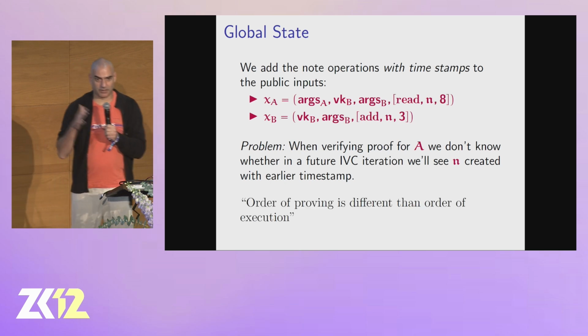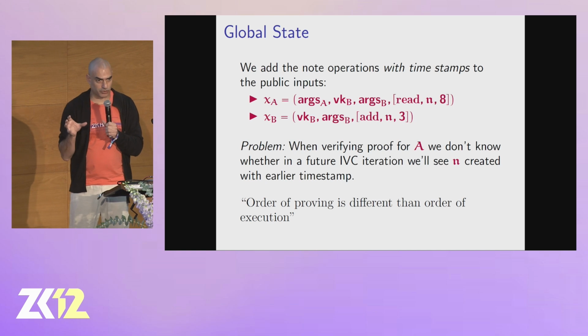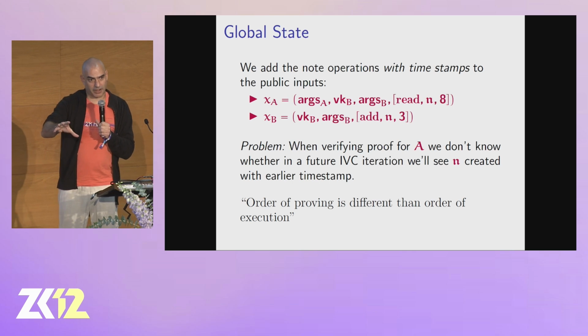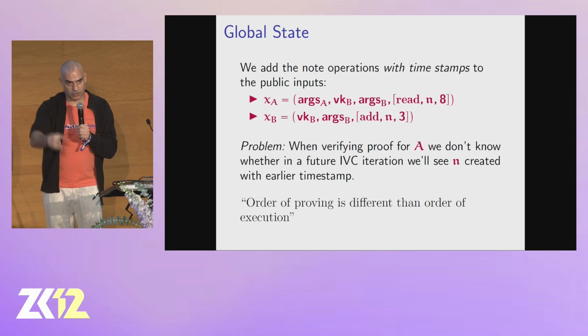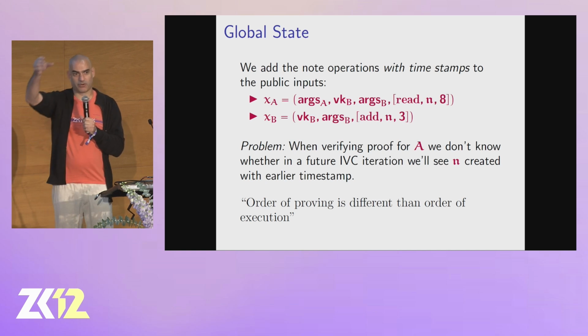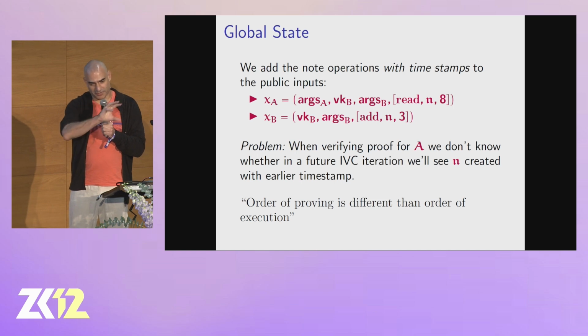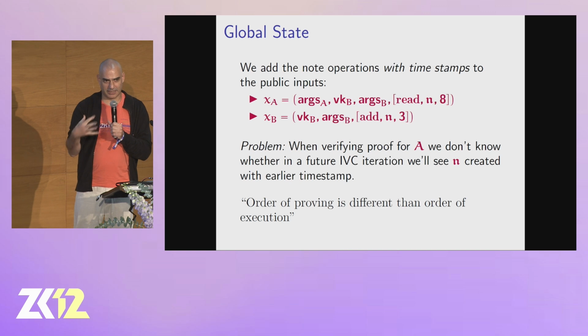So at a higher level, the order of proving here is different than the order of execution, since, like I said before, the functions have already been individually snarkified. In execution, we start with A, go into B, finish B, go back to A, finish A. But since the functions are individually already snarkified, we have to prove in a different order.